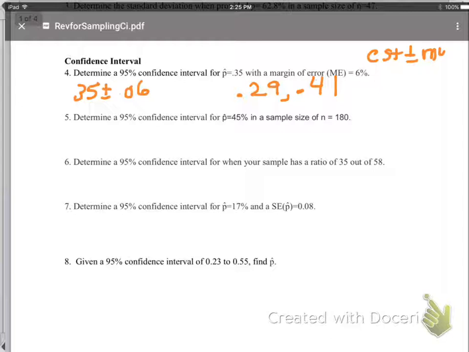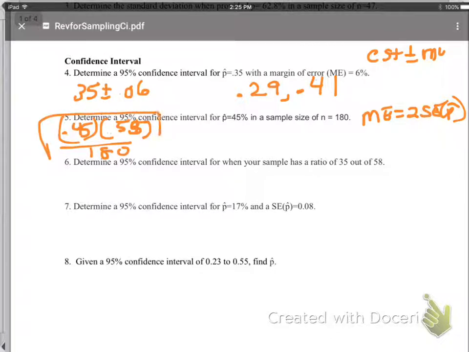Okay? Now they tell us a confidence interval where P is 0.45 and the sample size is 180. So what I have to do here is find my margin of error. And remember that margin of error is equal to twice the standard error of P hat. So I have to find the standard error of P hat. So that's going to be the square root of 0.45 times 0.55 divided by 180.